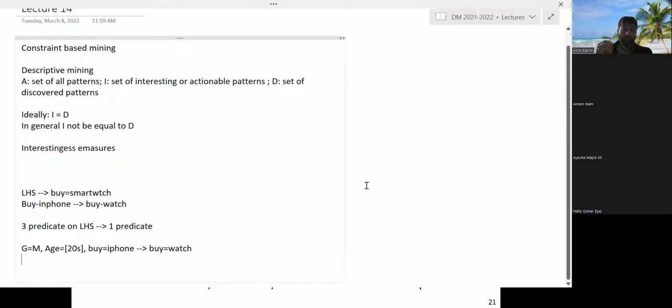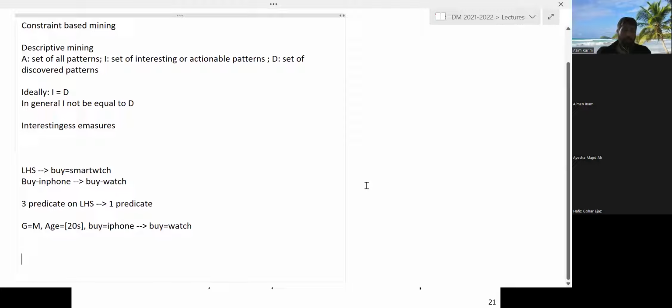They could also have other things that you feel are interesting to you, and you would like to find rules that contain those specific items or things. So these are called template-based constraints.